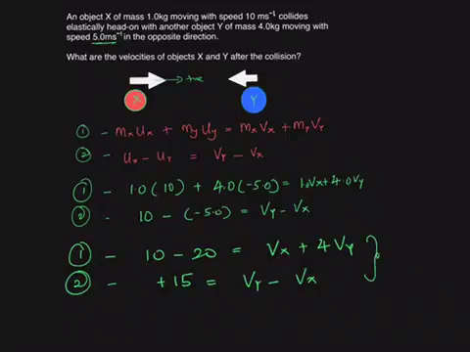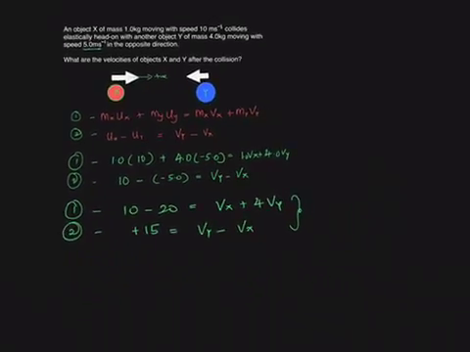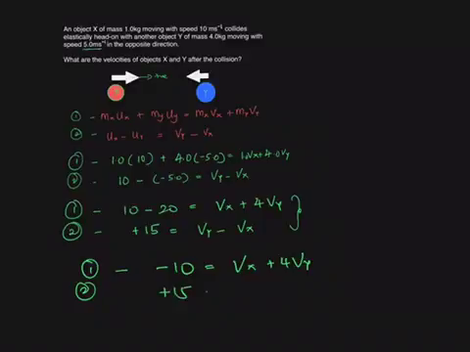So with these two equations, we will solve this simultaneously. And what we're going to have is equation 1, minus 10 equals Vx plus 4 Vy. Equation 2, plus 15 equals Vy minus Vx.